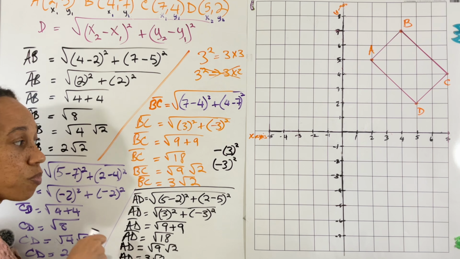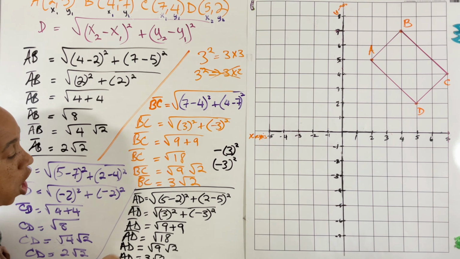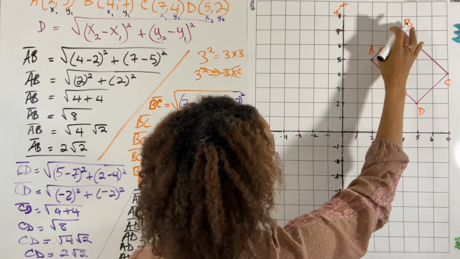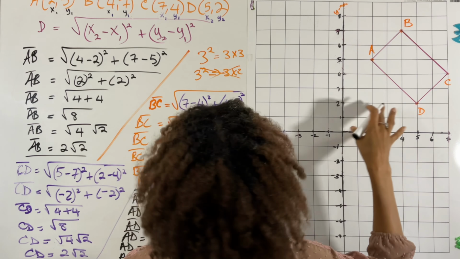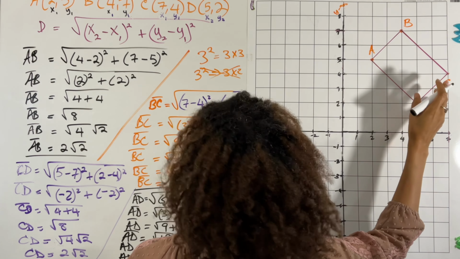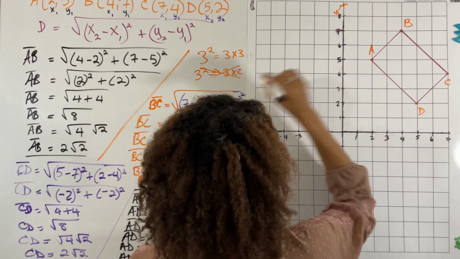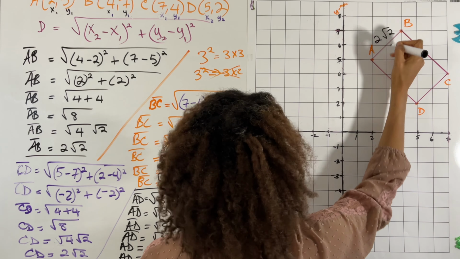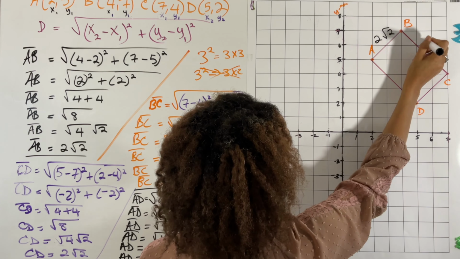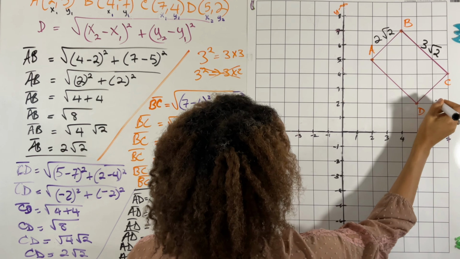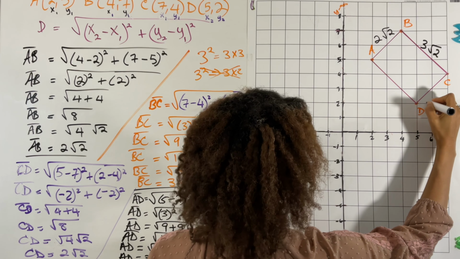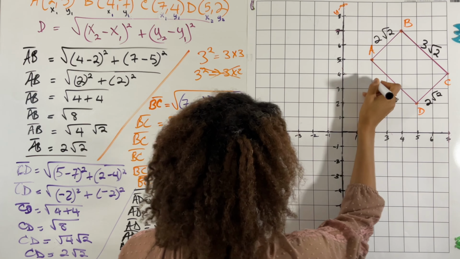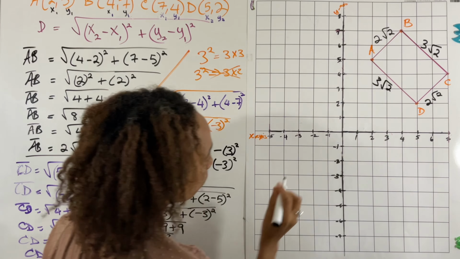So we're not done. We have our 4 lengths right here. I'm going to write them along the sides of the figure. So CD is 2 radical 2, and BC is 3 radical 2, and DC is the same, 2 radical 2, and AD is 3 radical 2.